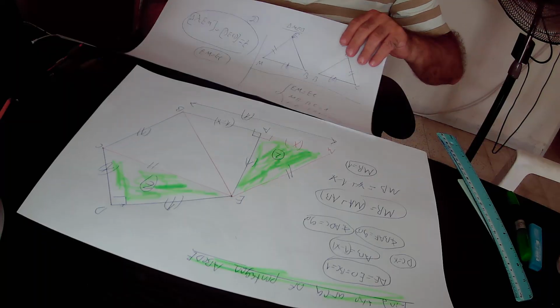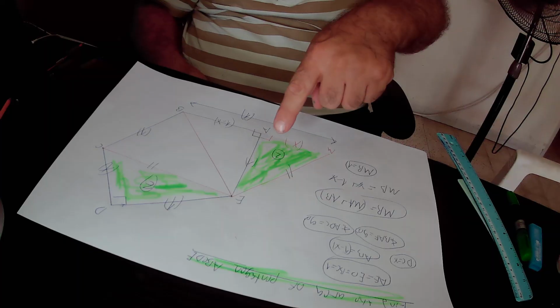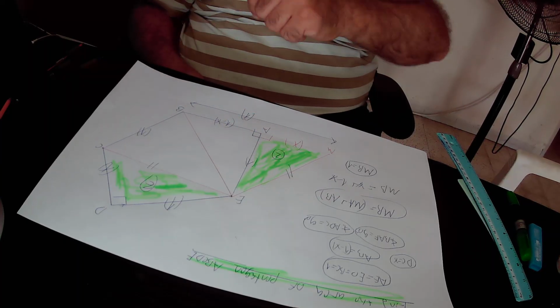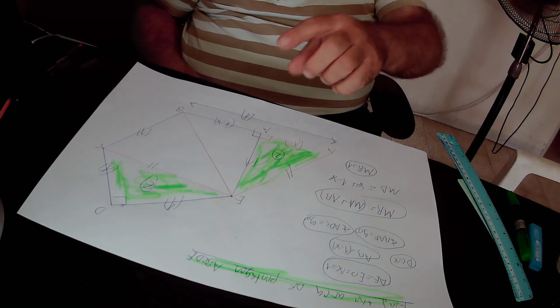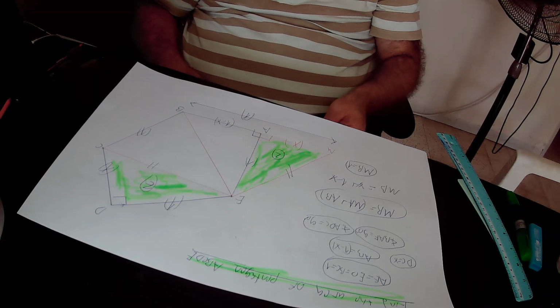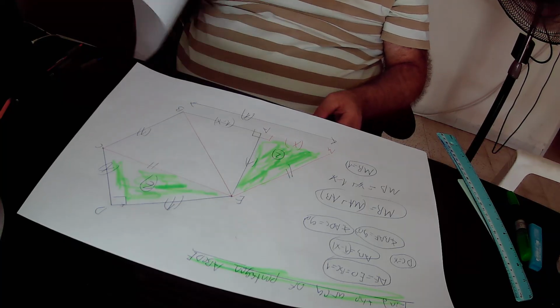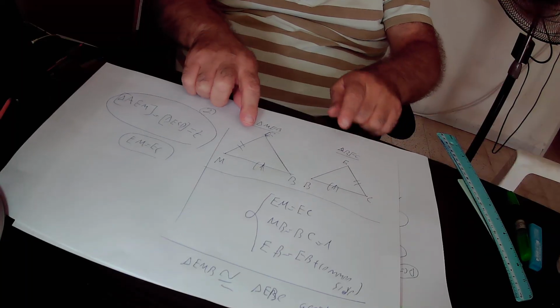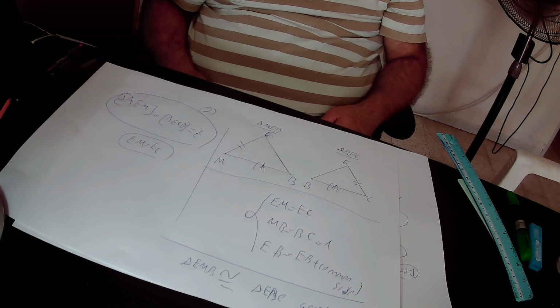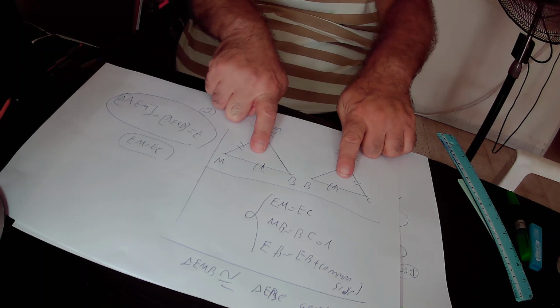In the next step, we take triangle MEB and this triangle BEC. We prove that those two triangles are congruent to each other according to the side-side-side rule. Those are the two triangles that we take from the original drawing. So why are those two triangles congruent? First of all, those two sides are both equal to 1 and therefore they are equal to each other.